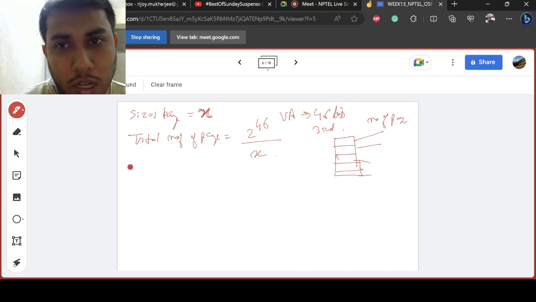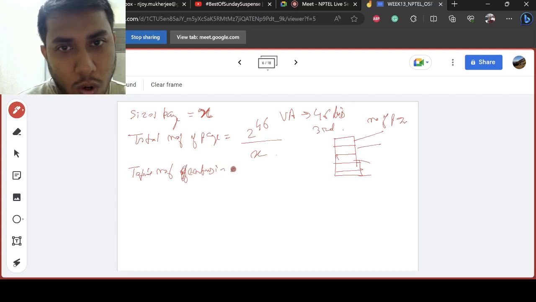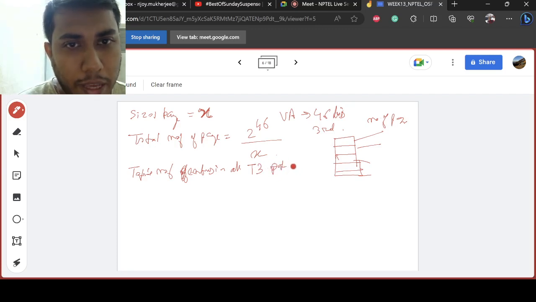So the total number of entries in all T3 page tables is 2 to the power of 46 divided by x.